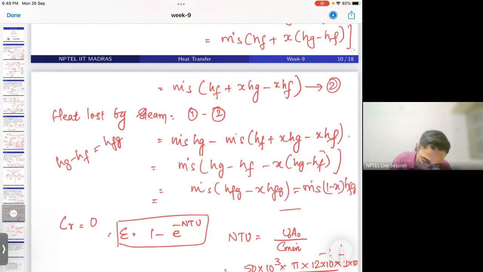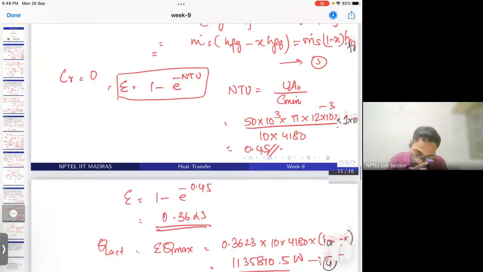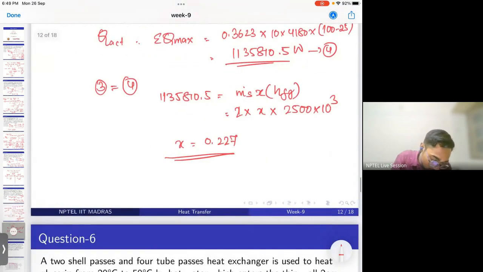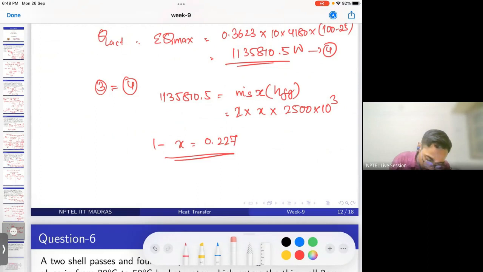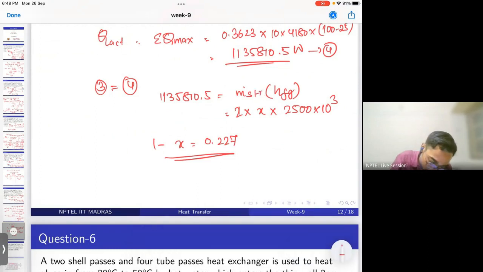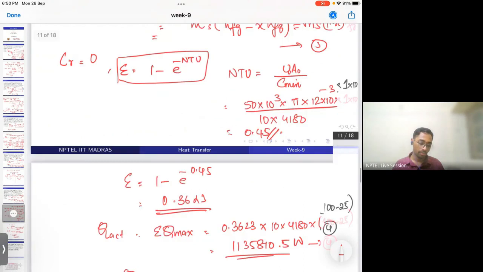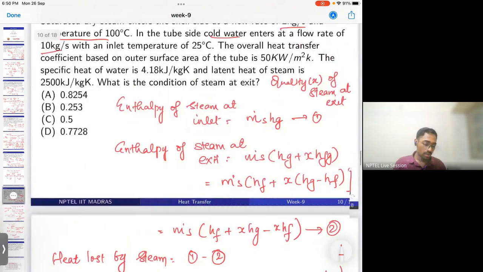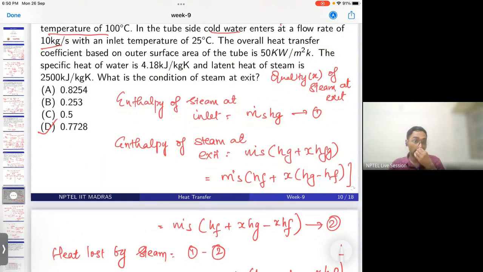Okay, this is equation number 3. So if you equate this, this should be 1 minus x. I'm sorry for the mistake. 1 minus x, and the x will come out to be around 0.7728. So this is the exit quality of the steam at the exit of the heat exchanger.